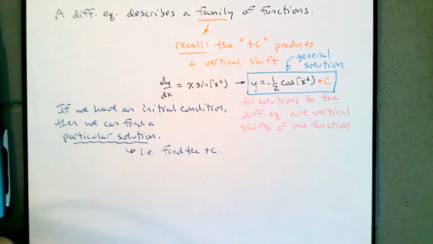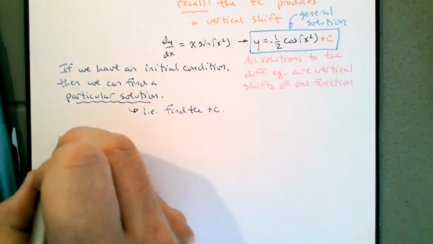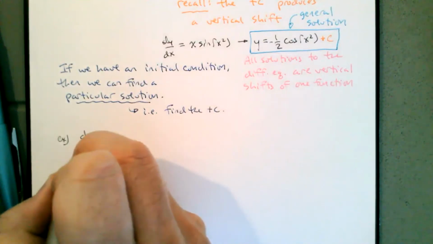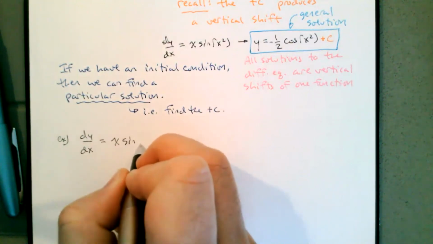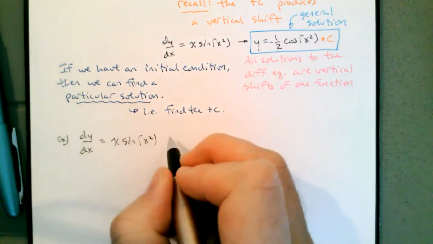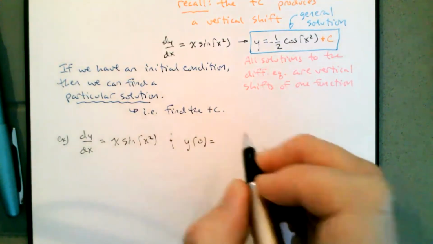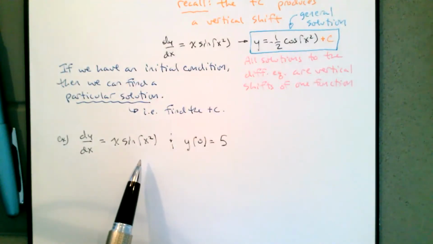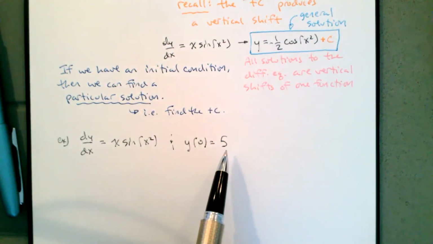So for example, if we were given the information that dy dx is equal to x sine x squared, and that y of 0 is equal to 5, we're given a differential equation that defines a family of solutions, and we're given an initial condition that will pick one member from that family.